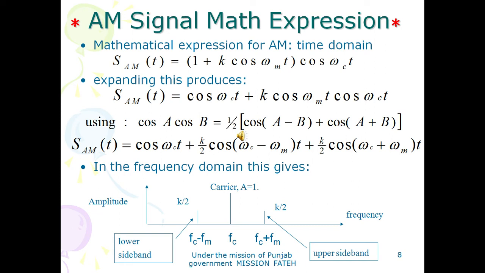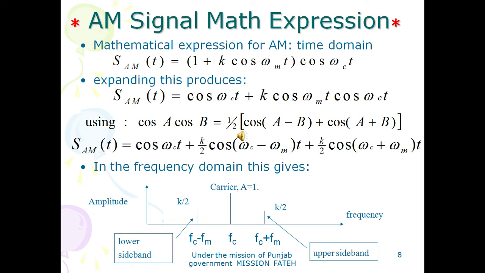We know that cos omega mt and cos omega ct, multiplied by 2 and divided by 2, then the expression will become 2 cos A cos B. Cos A cos B is equal to 1 by 2 [cos(A minus B) plus cos(A plus B)].